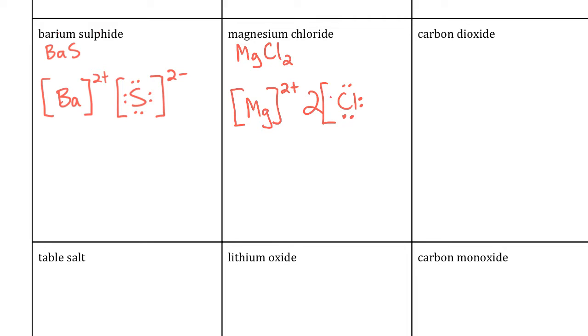There's 8 because chlorine normally has 7, and then it's given 1 electron by magnesium, and then the other chlorine's given the other electron. So each chlorine adds 1 more electron to it from the magnesium, and there are 2 chlorines, so that balances out.